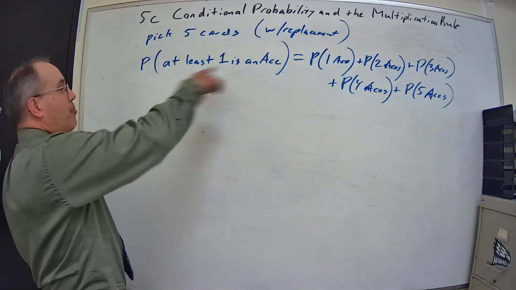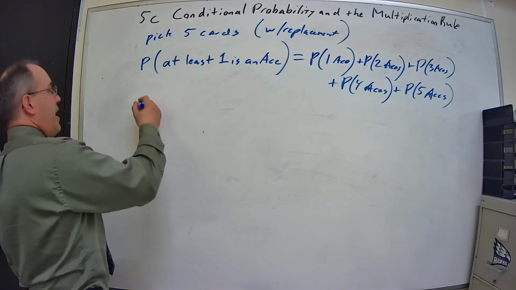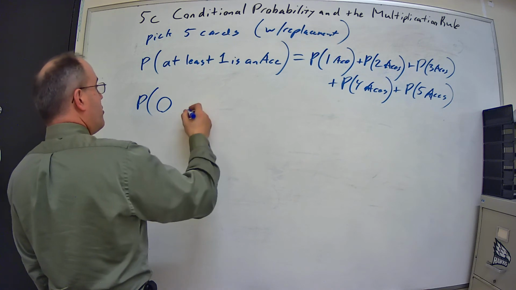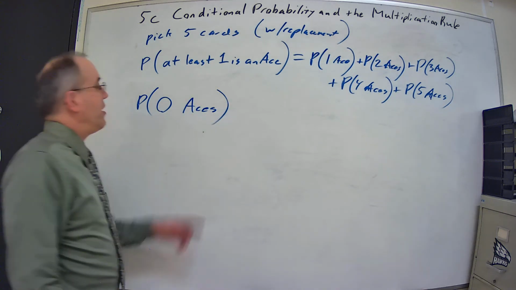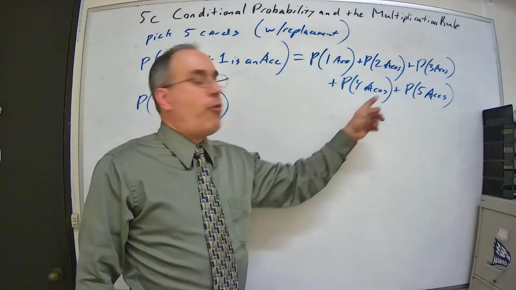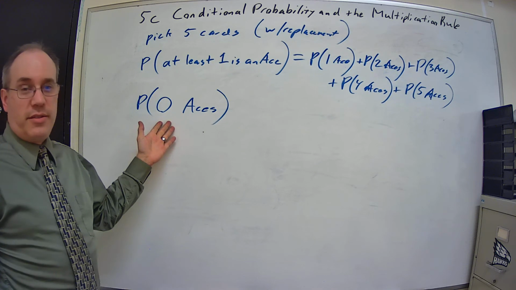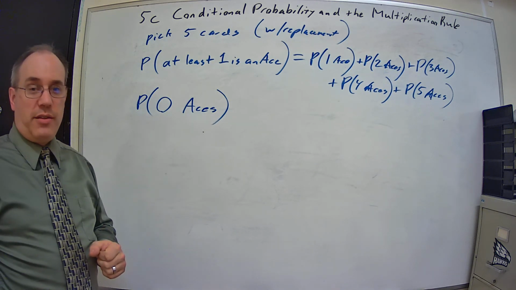What is the complement of that? The complement of that is the probability that there are no aces. If it's 1, 2, 3, 4, or 5, then the only other option is that there are no aces. That's really easy for me to calculate.